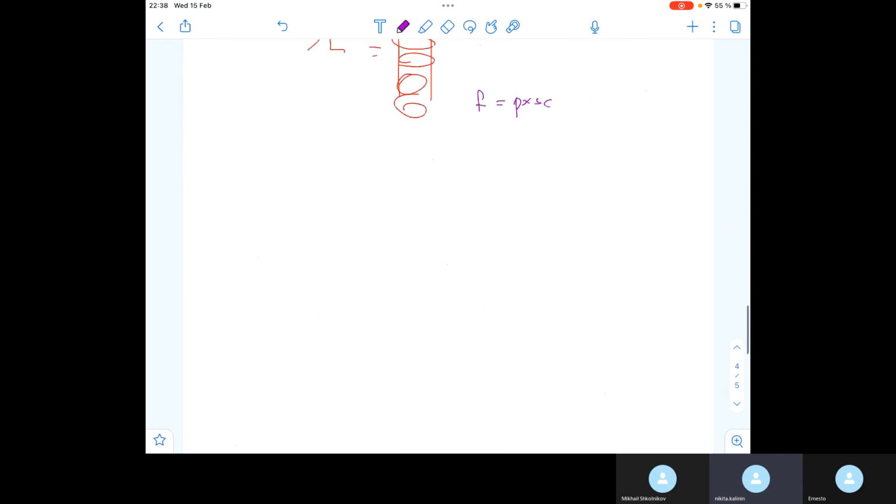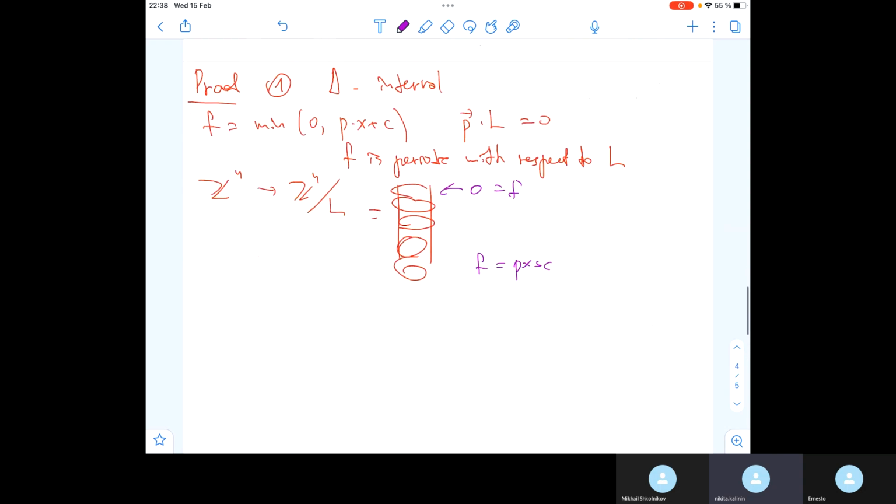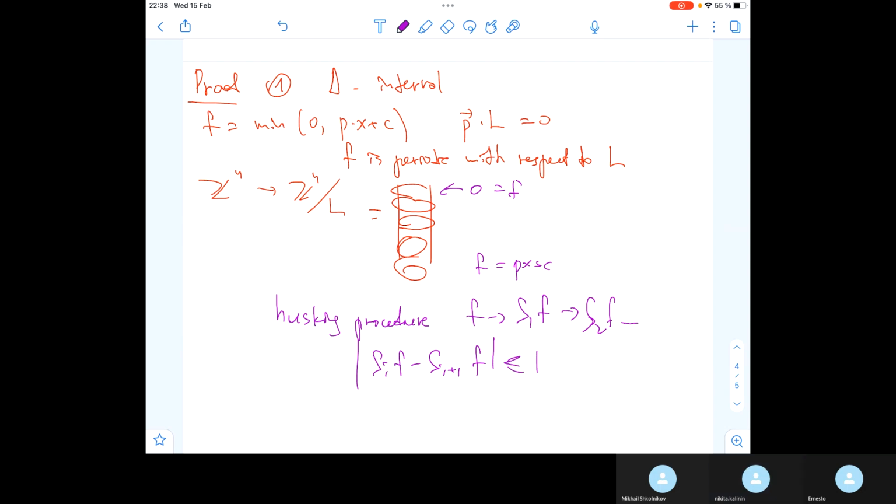It's the same as smoothing, but it's a husking procedure. So instead of function f, we define s1 f, s2 f, and so on. And you have the property that si f minus si plus 1 f is at most 1. So each time you diminish your function by at most 1.